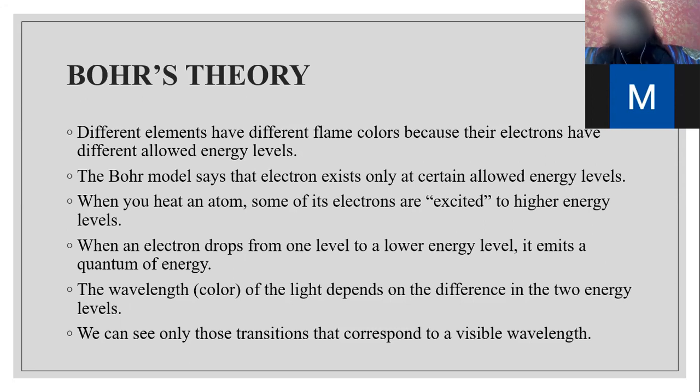You can see only those transitions that correspond to a visible wavelength. It emits different types of wavelengths, but we can only see those wavelengths which fall in the region of visible light. As we know, its wavelength ranges from 350 nanometers to 780 nanometers. Only we can see those lights.